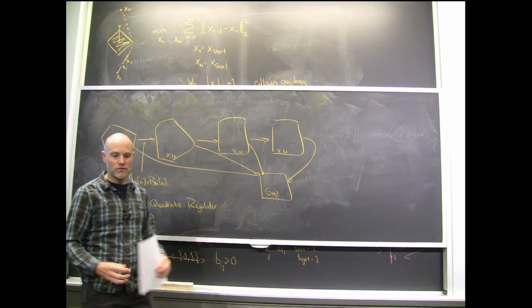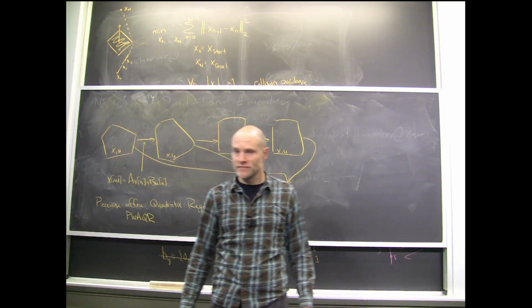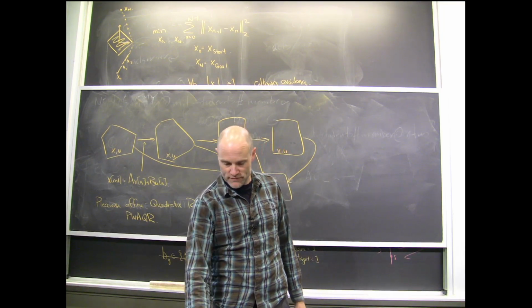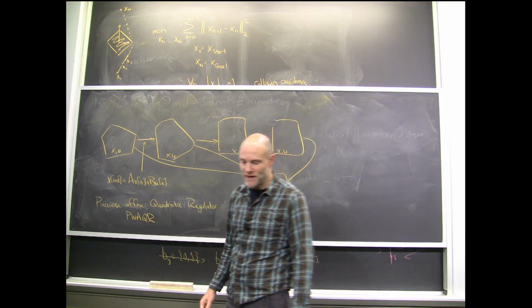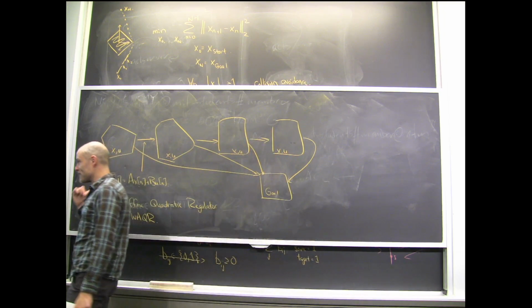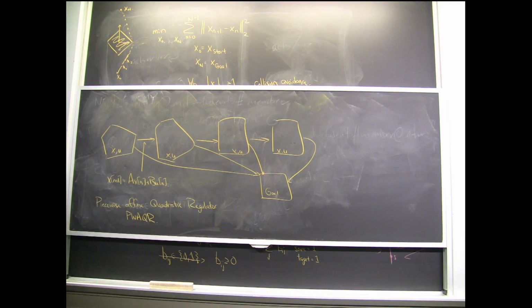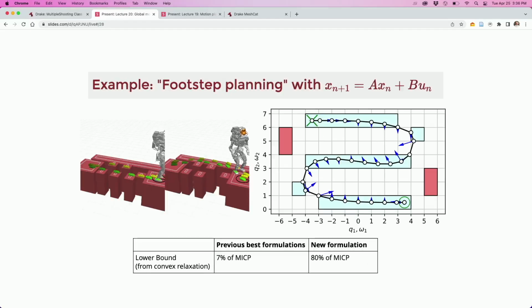That's exactly one of the big motivations initially. In fact, that was one of the mixed integer problems that we had thought about most in the group, footstep planning problems, like we used in the humanoids. And the first thing we tried was the new formulation compared to all the old formulations for mixed integer footstep planning.